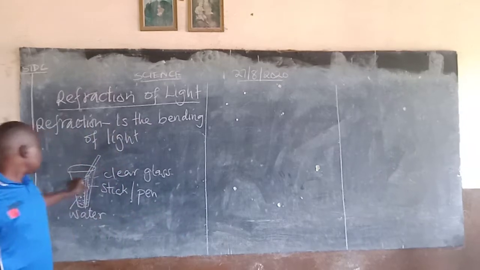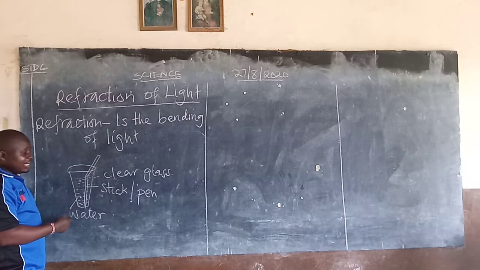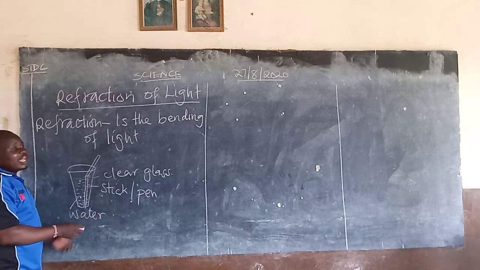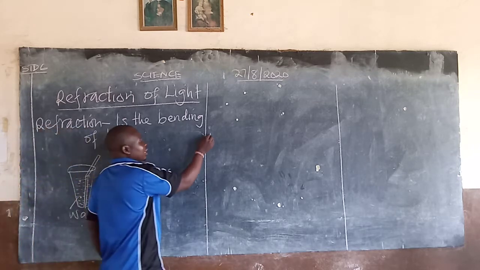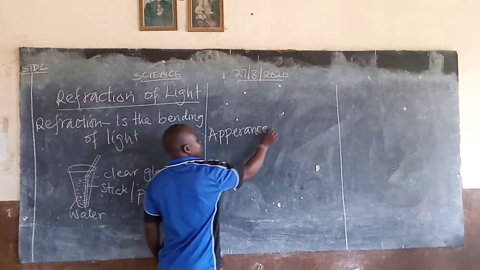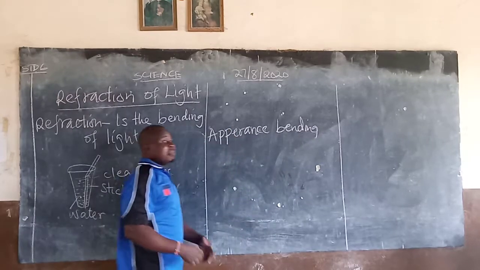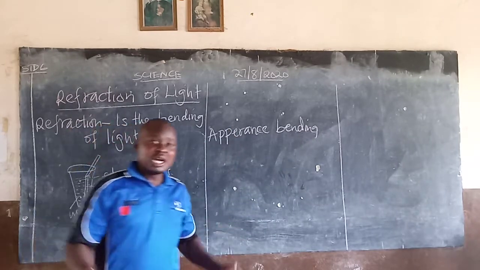Look at this. This stick is not broken. It appears to be bent. That is what we call the appearance bending. It appears to be bent, but literally it is not bent.